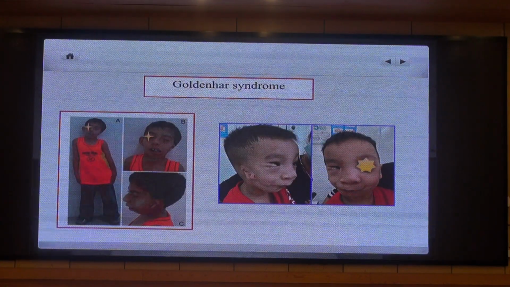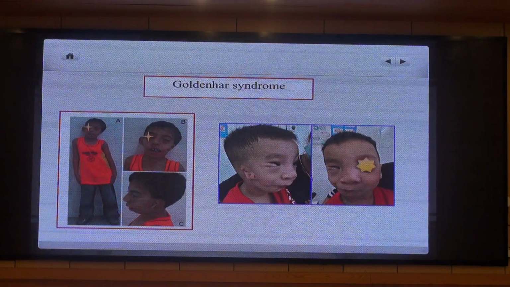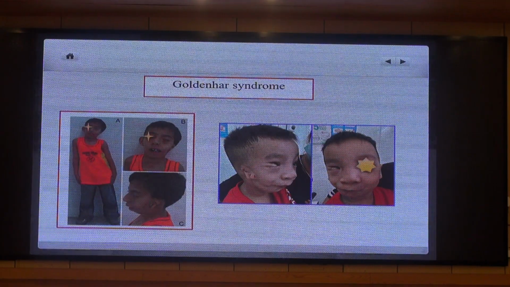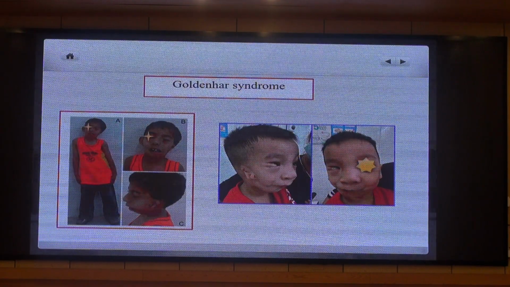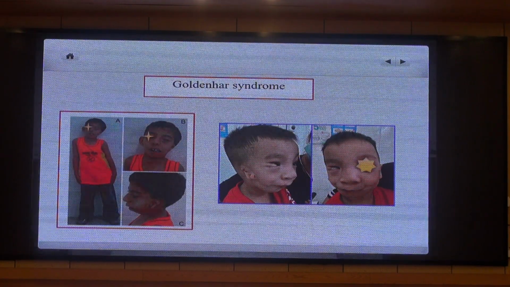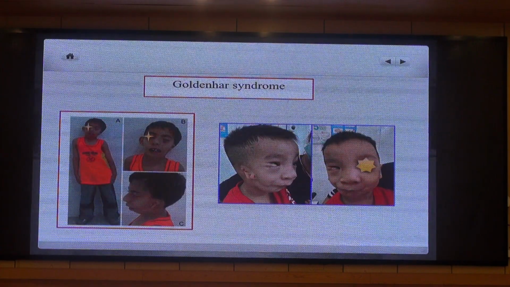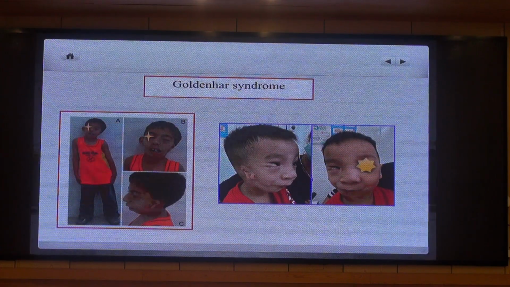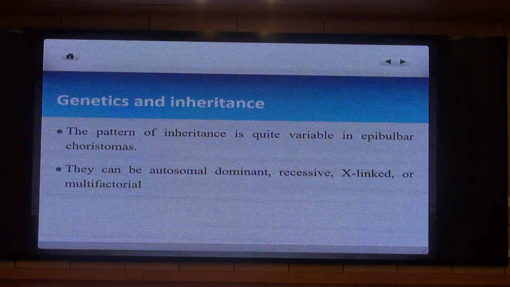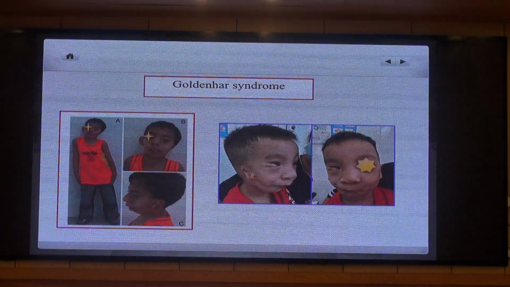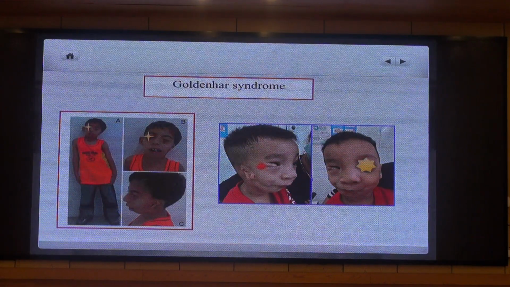Here are pictures of two persons. One is a person from a foreign country with Goldenhar syndrome. You can see here, and here is a Vietnamese patient, my patient.